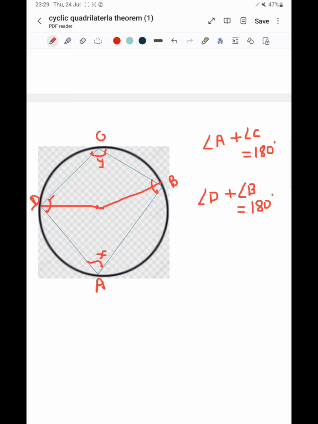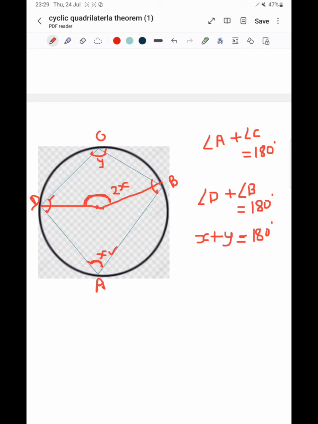So basically I have to prove that angle x plus angle y is equal to 180 degrees. This angle here is given as angle x, then the angle made at the center will be twice this angle x, so this will be angle 2x.